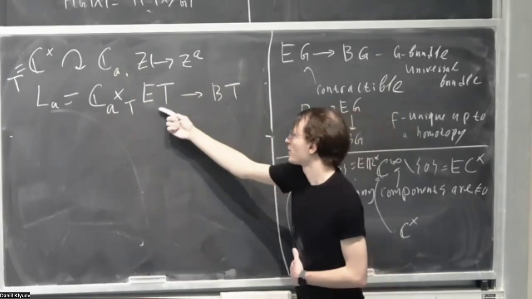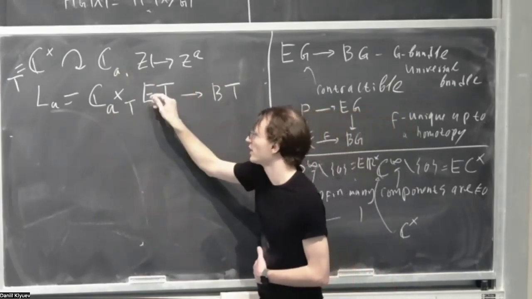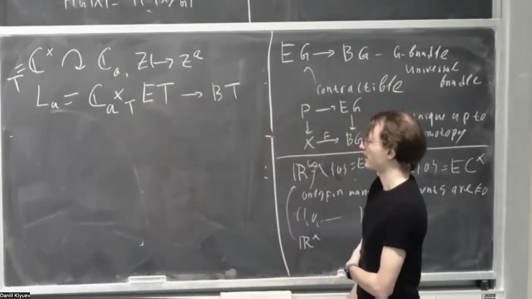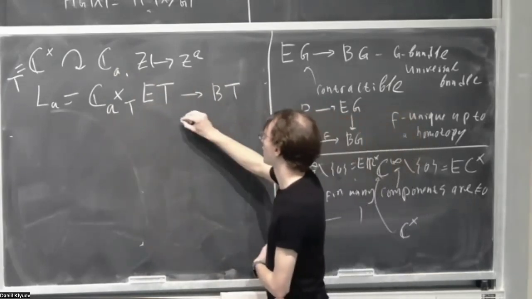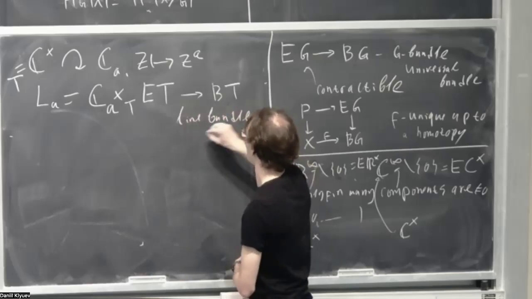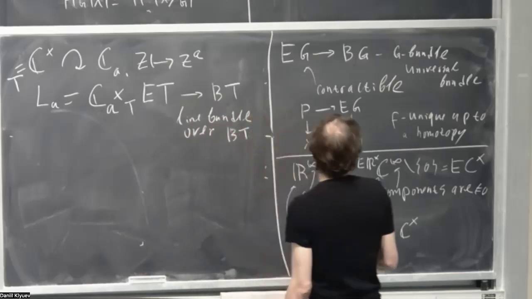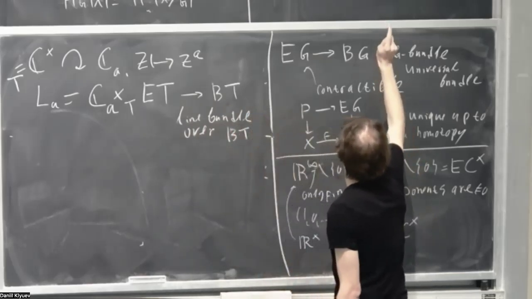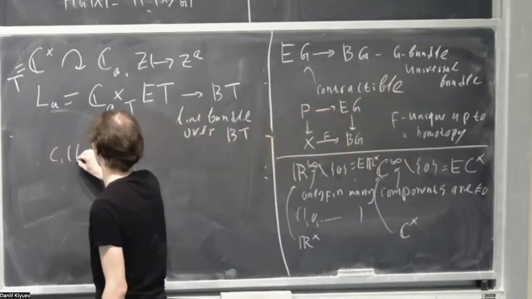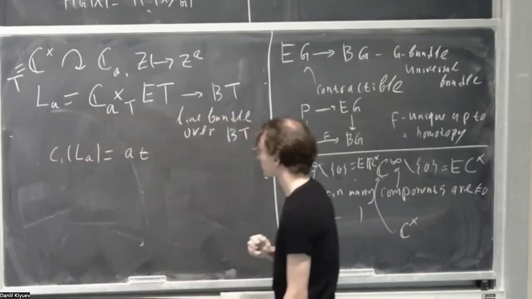So this is ET to BT, the T orbit, and it gets eaten into one complex line. So this is a line bundle over BT, and using this isomorphism, we have c1 of L_A is A t.